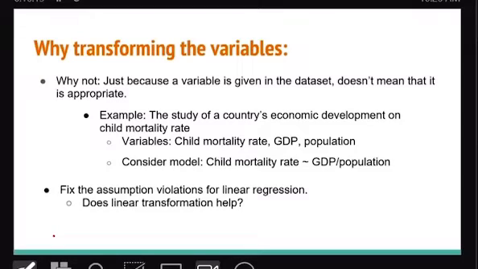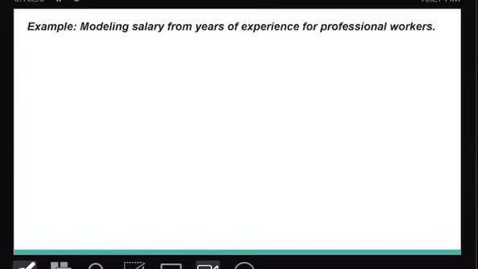Now the question is, does linear transformation help? Linear transformation may not help all the time, because I showed you the other time. Linear transformation is like adding a constant or multiplying by a constant. That may not actually help.